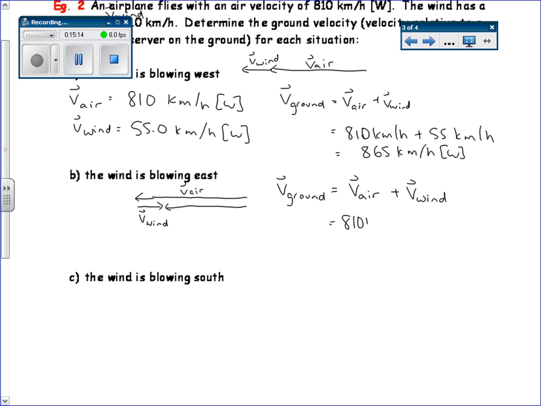But the velocity of the wind is going to be negative now because it's east and we made east negative. So 810 plus negative 55 will give us 755 kilometers per hour west. It's still west, but it looks like the plane's going slower.